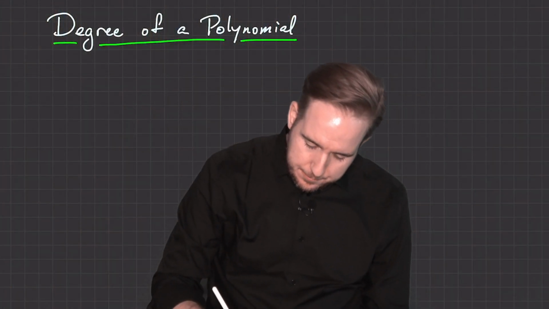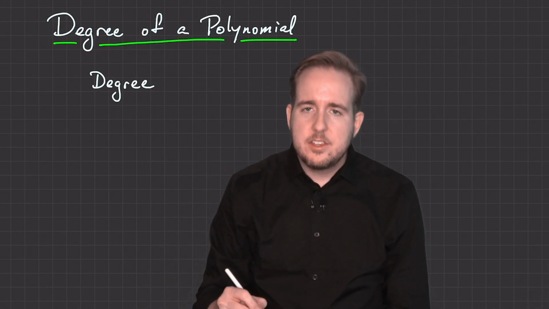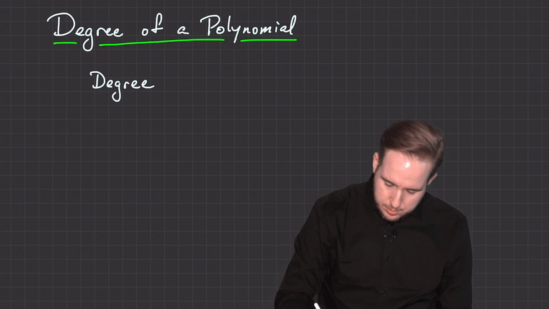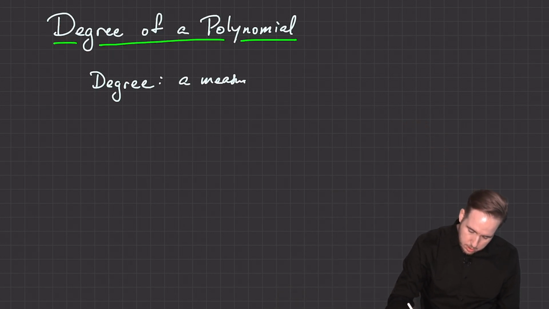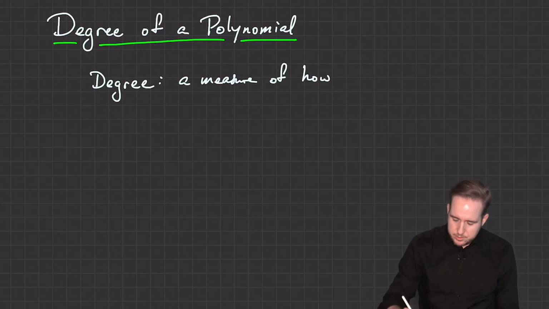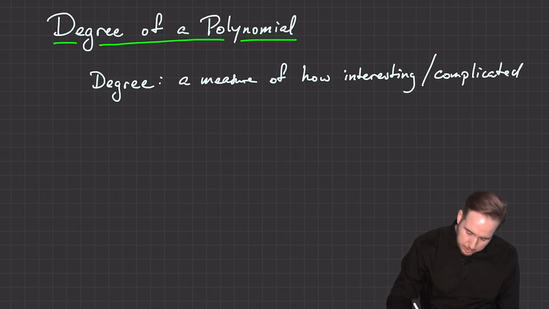So degree is, as far as we're concerned, a measure of how, and there's two words you could use here, interesting or complicated a polynomial is.